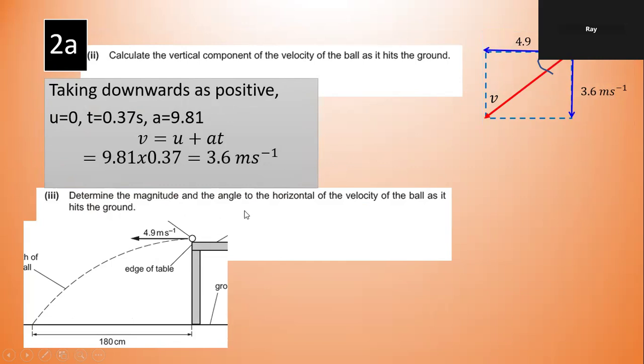Determine the magnitude of the angle to the horizontal of the velocity of the ball as it hits the ground. So the angle. There's a vertical component and horizontal component. There's a resultant velocity as it hits the ground.